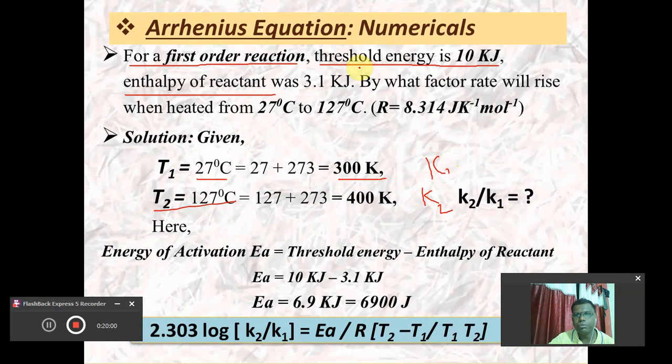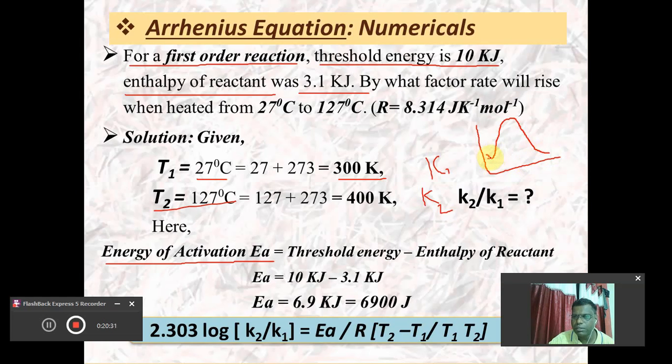And I already told you the threshold energy is given, 10 kilojoule per mole, and the enthalpy of reactant is given, 3.1 kilojoule. From these two, we will be able to calculate the value of the energy of activation, and the energy of activation is the difference between the threshold energy and the enthalpy of reactant. Actually, I will try to show you. Suppose this is one of the reactions in which the reactant gets converted into product.